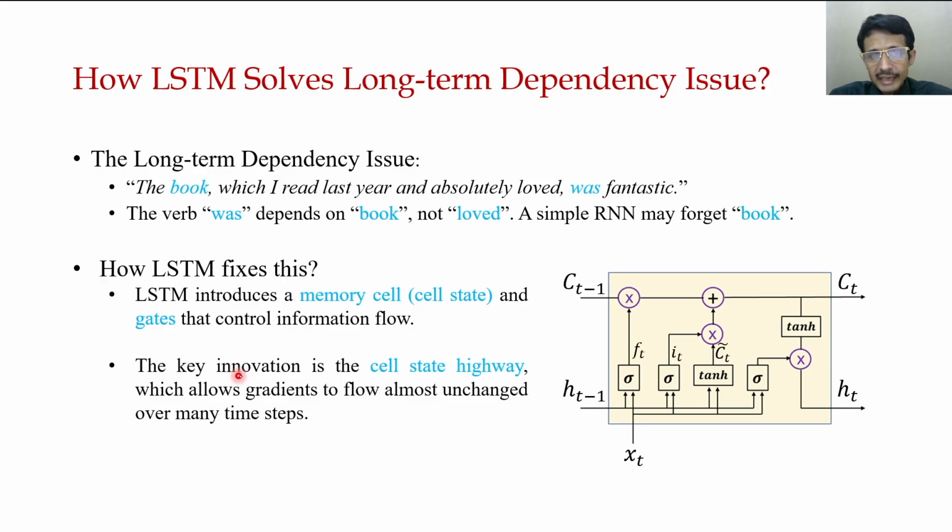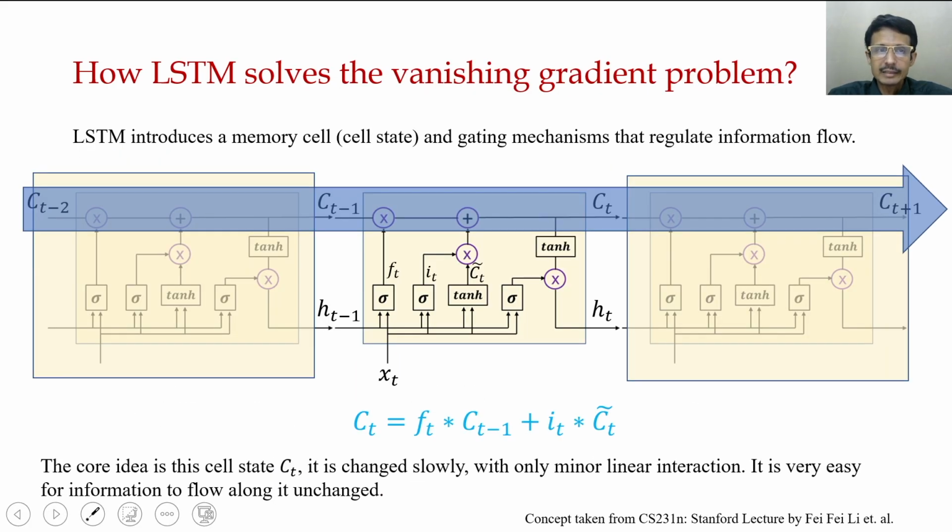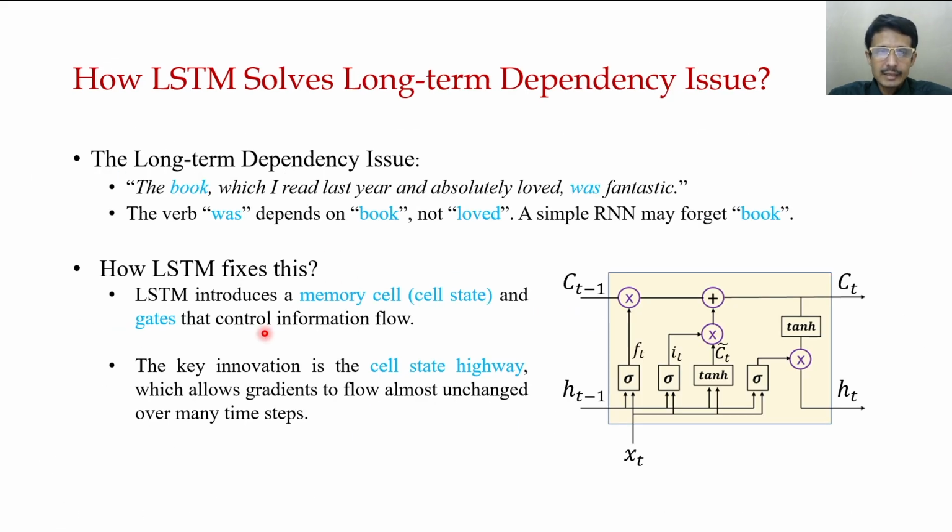And that is the main innovation, the cell state highway that we have seen here, which allows gradients to flow almost unchanged over many time steps. That is the main advantage of LSTM over the RNN.